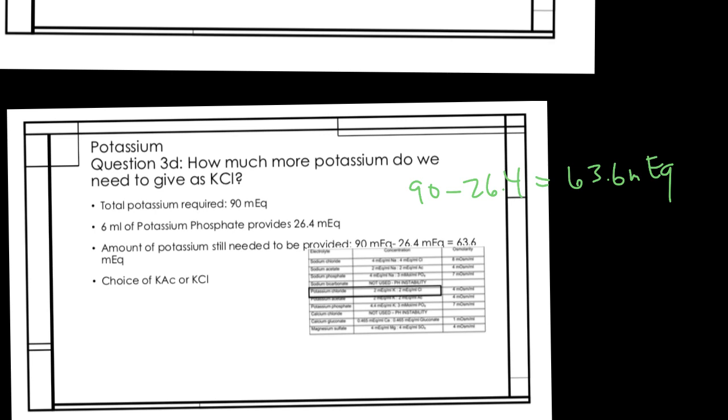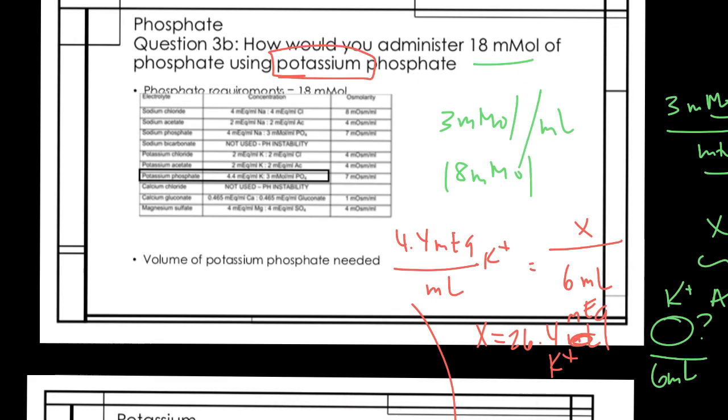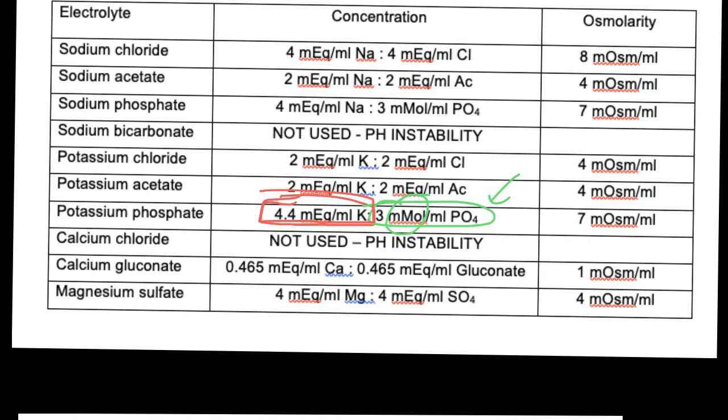Let's say that I only have potassium chloride available, because drug shortages are the new in. Potassium chloride is provided as 2 milliequivalents per mL of potassium and 2 milliequivalents per mL of chloride.